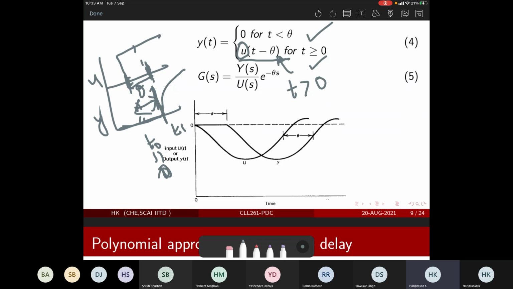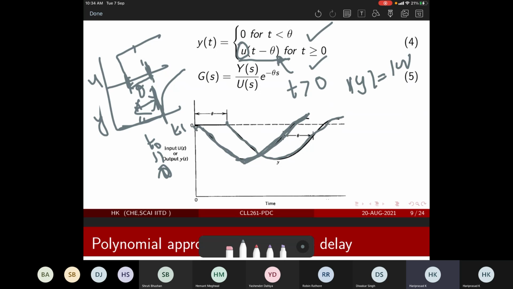So what is it that you would see here? Let's say this is your u, your output. Let's say you are getting the exact same profile. Nothing happens; your y magnitude is equal to your u magnitude. What would happen is your output would be a time translated version of u.